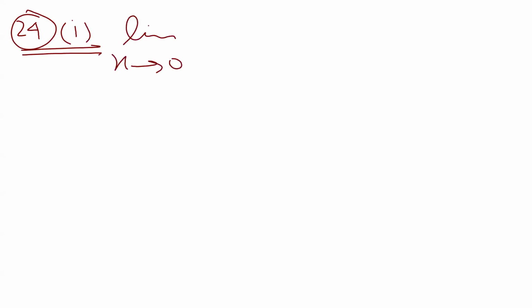Guys, this is the second session on exercise number 7 of limits. Question 24, sub-question 1. Limit x approaching 0, cot x minus cosec x upon x.